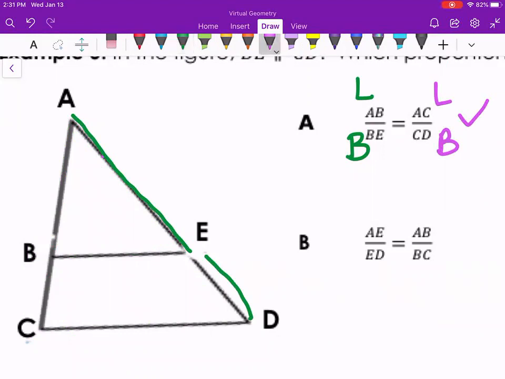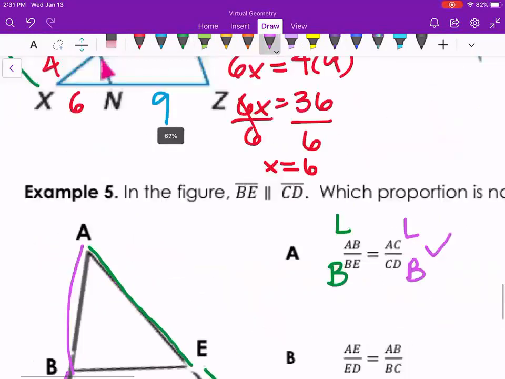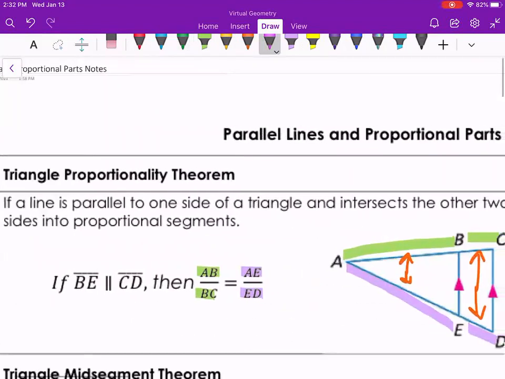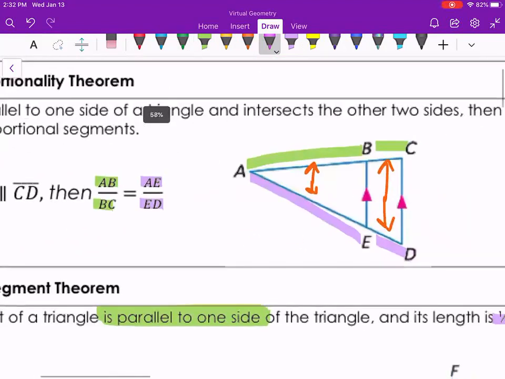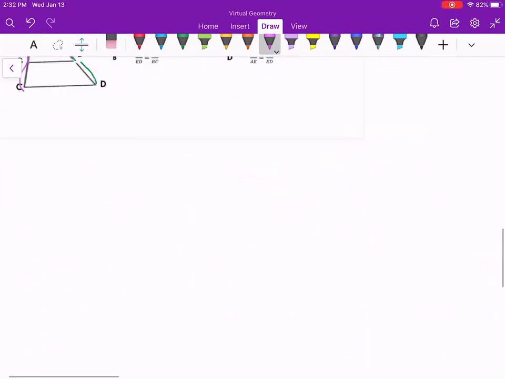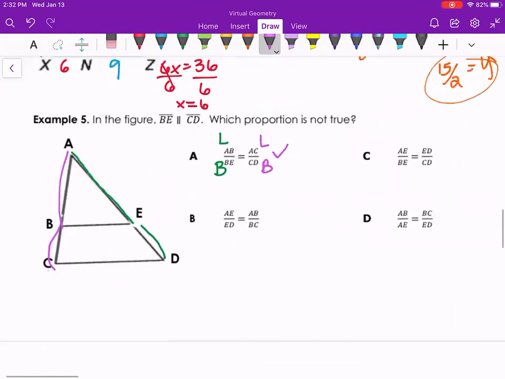Now we have AB and BC. That is a true proportion. That's one of the first ones we looked at in the notes, the triangle proportionality theorem. So this one is also a true proportion, so that one works.